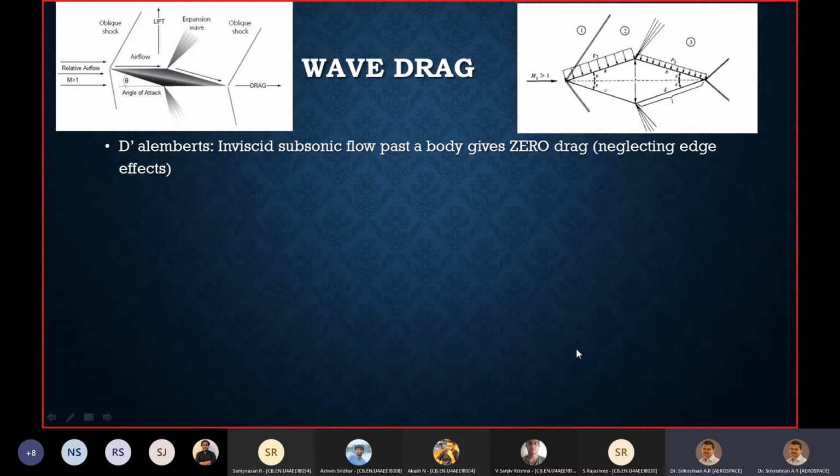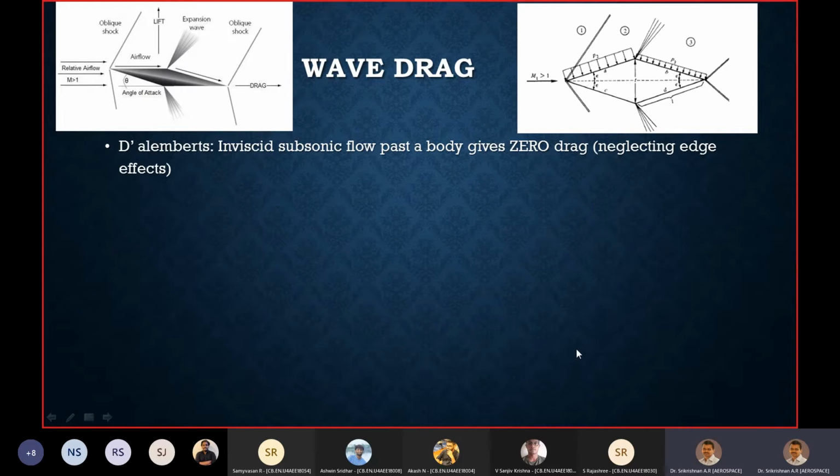Because in the absence of, say, a wake, the drag is going to be fully, what kind of drag is that? In fluid mechanics, you have studied about friction drag and pressure drag, right?